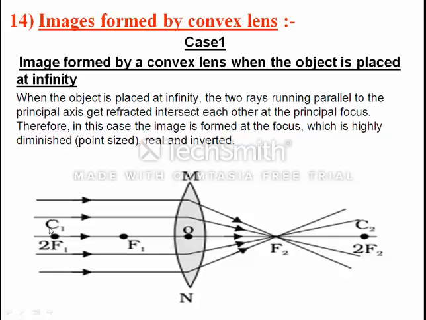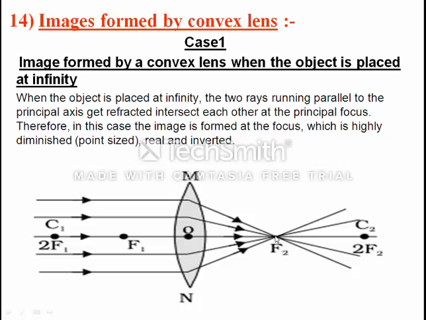So we can write C1 and C2. Here we write C1 as 2F1 and C2 as 2F2. It is the notation to distinguish that there are two foci. So one thing is clear, that the image is formed at the focus and it is point size.